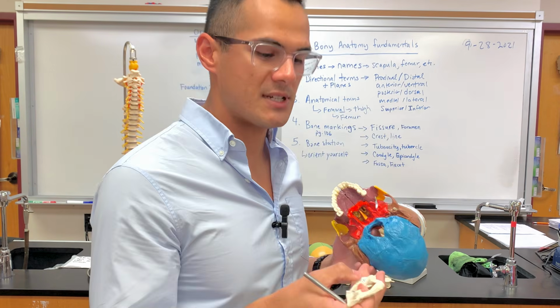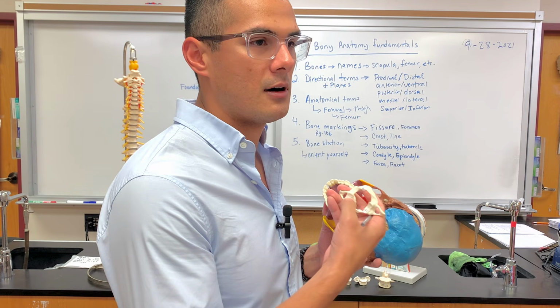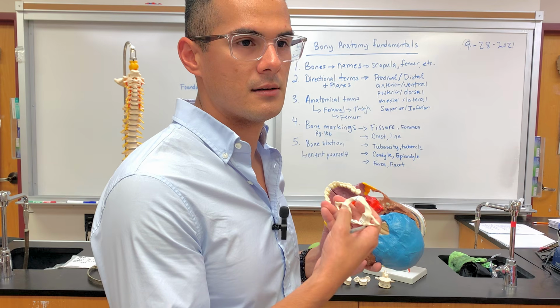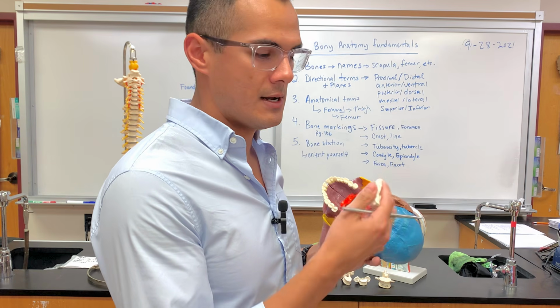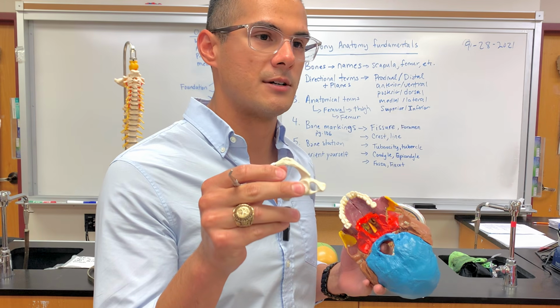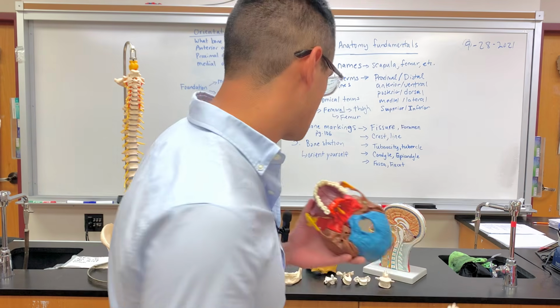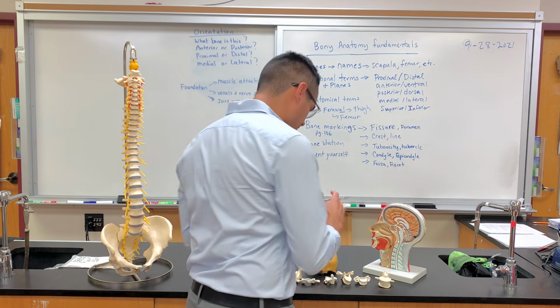To get more specific, these facets are known as the superior articular facet of the C1 vertebra. And then the part that's on the bottom is what's known as the inferior articular facet of the C1 vertebra. Okay, so that's an example.